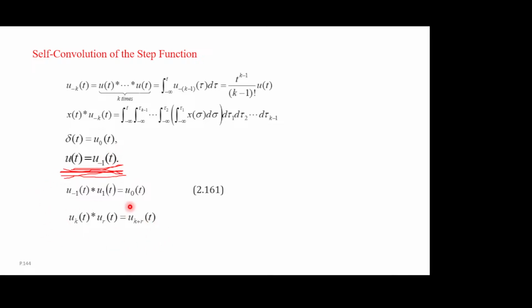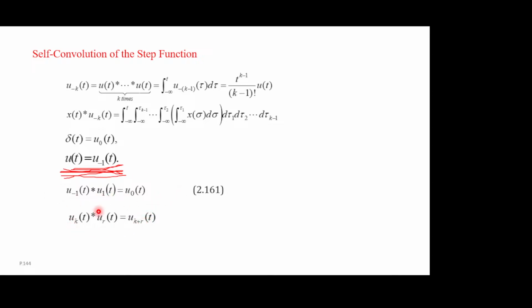And you can check that this notation makes a lot of sense because whenever you are convolving u sub k's, they add up. So for example, if you have u of minus 1 convolved with u of 1, then it becomes u of 0. You can just check this is true.